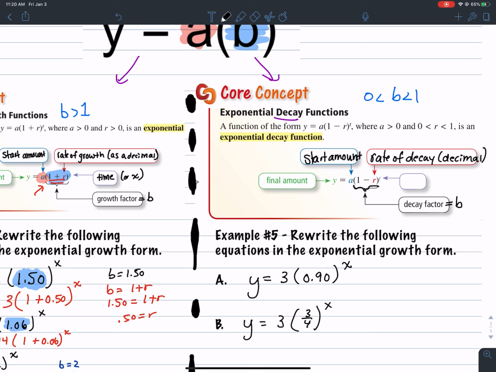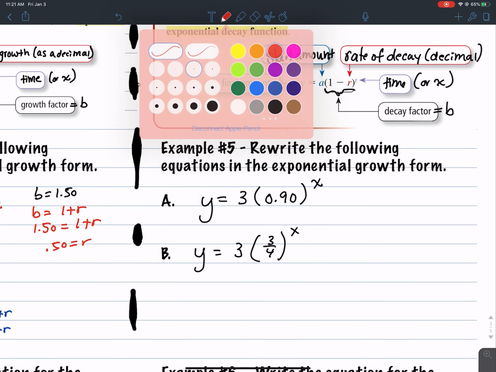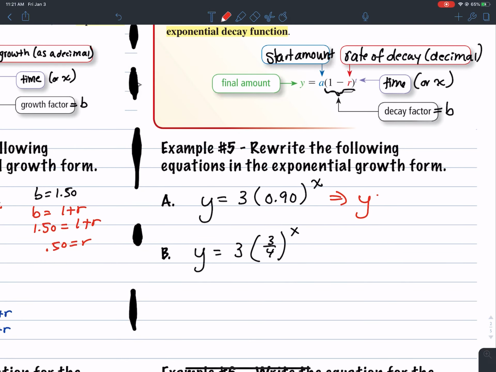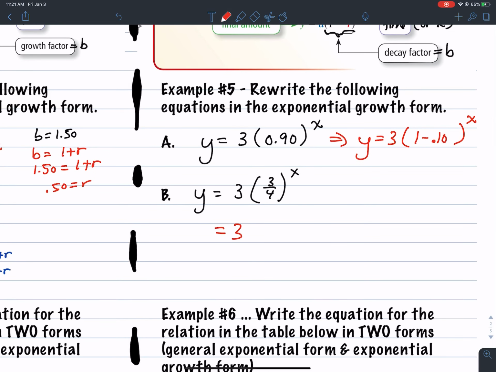And in a lot of situations, t will stand for time, or it could be x. So the thing here is when we rewrite these, instead of a decimal, we want to represent it as 1 minus a number. So for this one, we know the starting value is the same, but instead of 0.90, I could call that 1 minus 0.10. Now with something like this, if we wanted to rewrite it as like 0.75, what I'm trying to do is rewrite this.